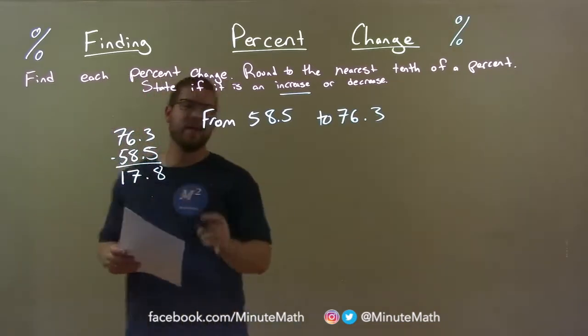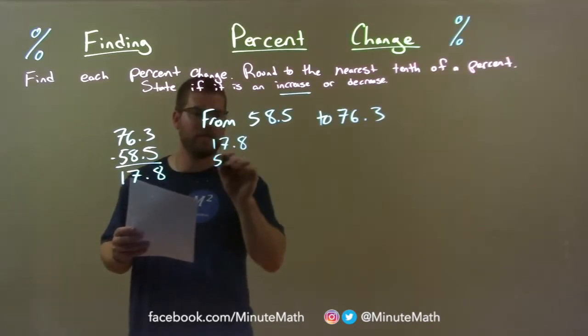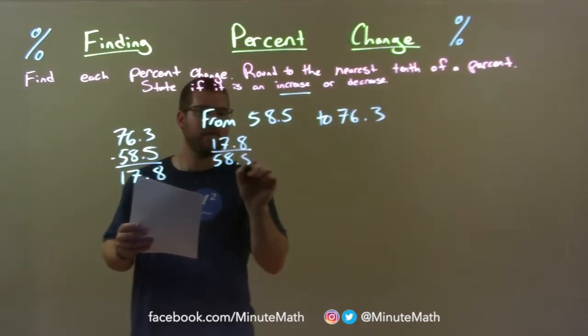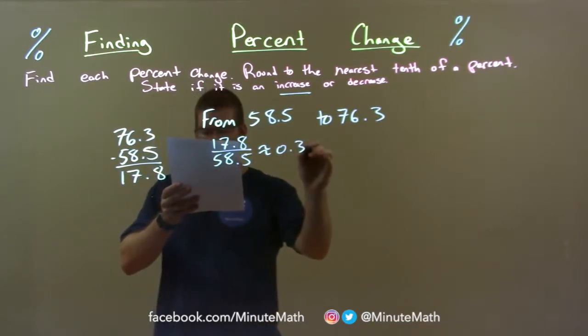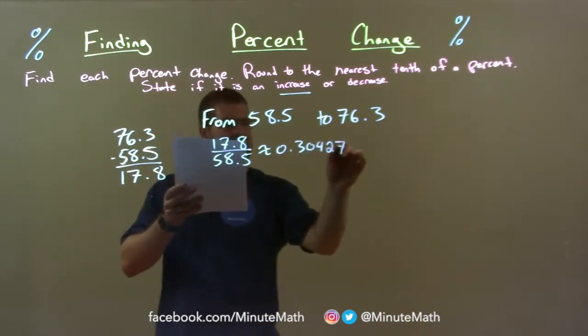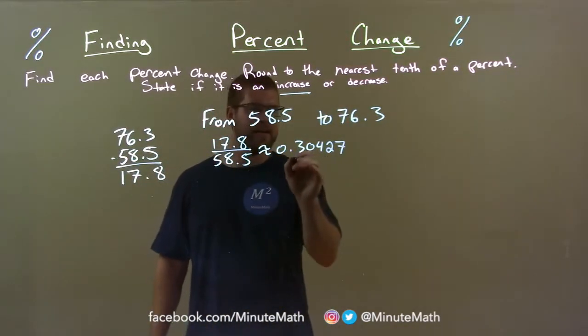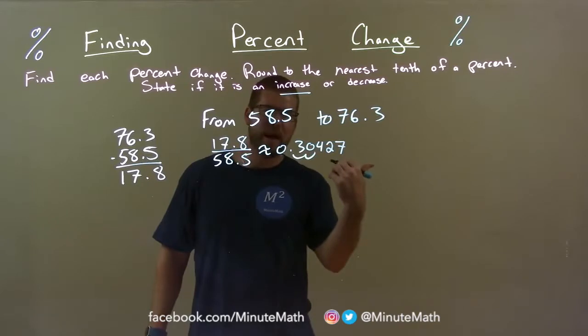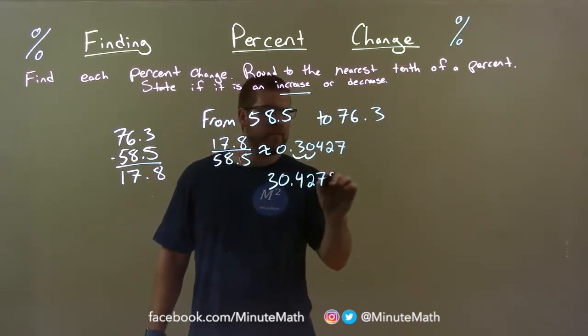Now, take that number, 17.8, and divide it by the first number, 58.5, and that gives us an approximate 0.3042. Now, write that as a percent. Decimal point, 2 spots to the right. 30.427%.